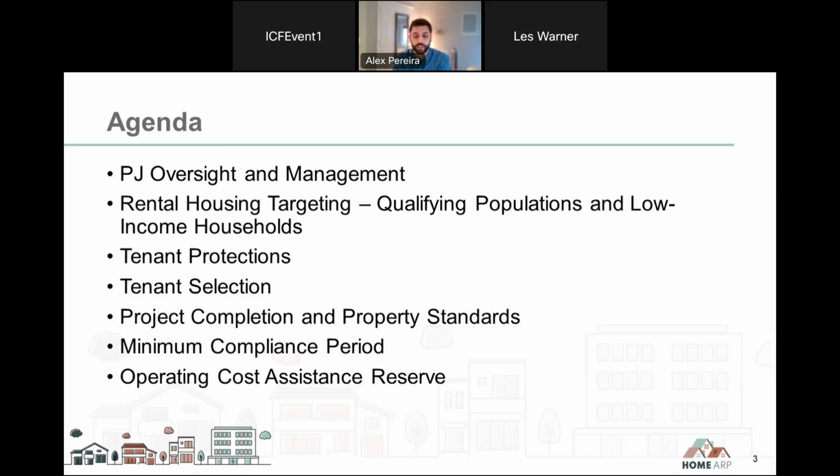We'll talk about regulations and requirements around tenant protections and tenant selection. We'll discuss considerations regarding project completion and property standards. We'll discuss the minimum compliance period. And we'll also cover the operating cost assistance reserve towards the end of the presentation.